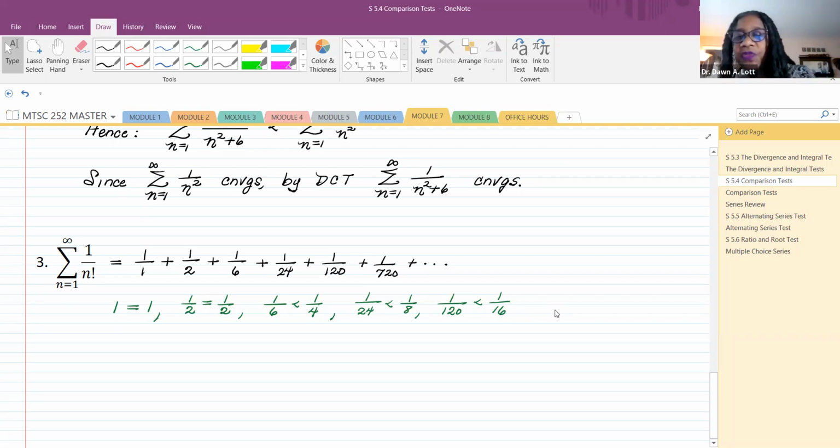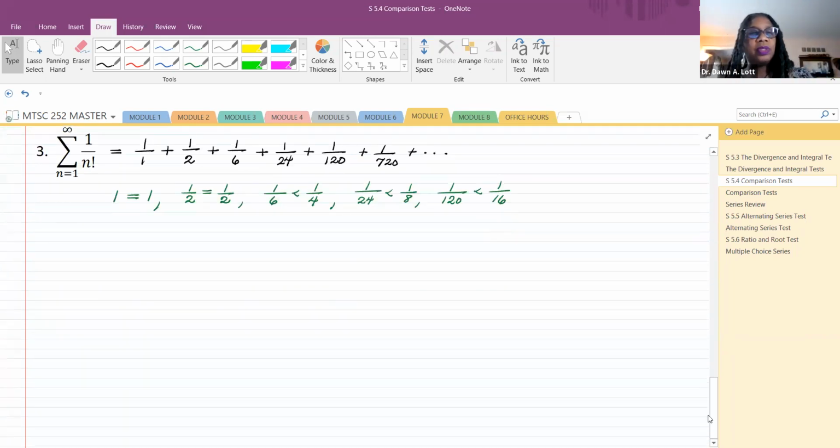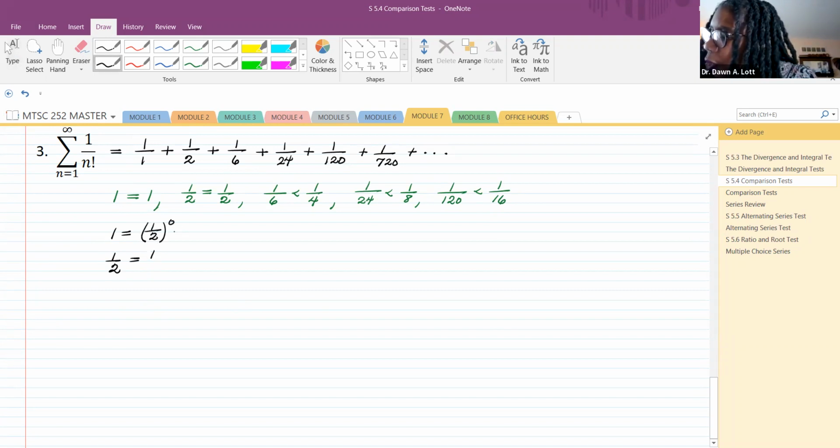Okay, so if you haven't figured out what I'm doing yet, I'm going to start to rewrite it. So I have 1 is equal to 1. I have 1/2 is equal to 1. Oh, I know what I want to do. I want to write this as 1/2 to the 0 power. And this is 1/2 to the 1st power.